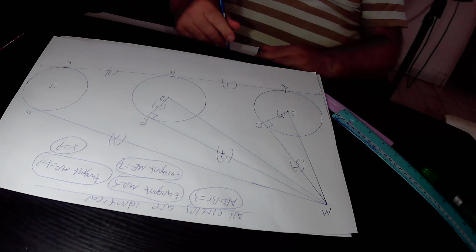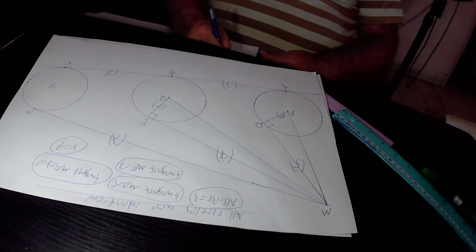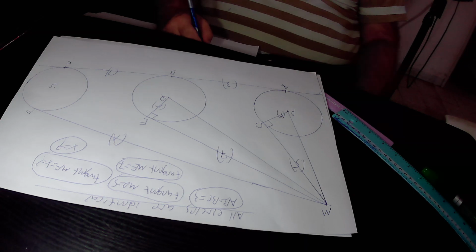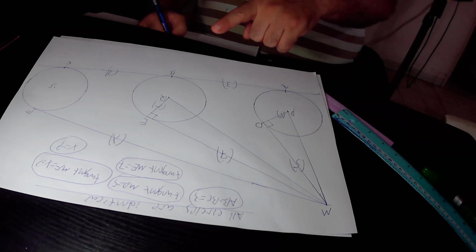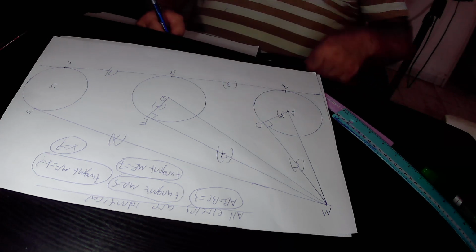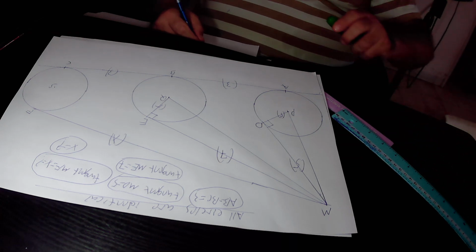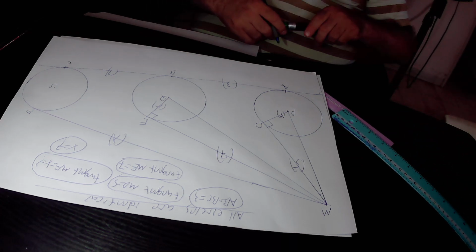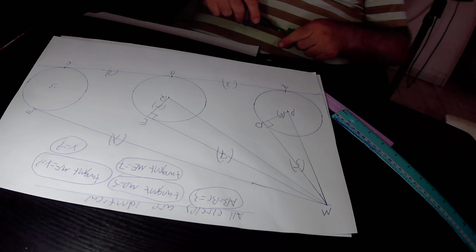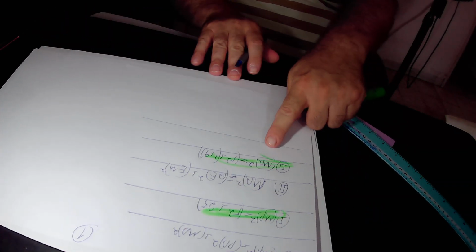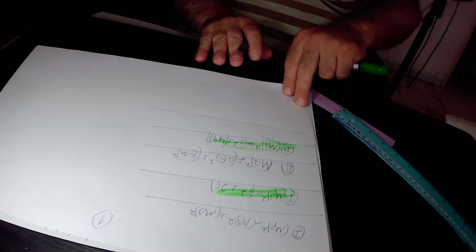MQ is the missing side, so we leave it as it is, so it is MQ squared equals QE squared. QE is R, therefore QE squared is R squared, plus EM squared. EM is 7, therefore EM squared is 7 squared, that is 49. So in total, according to equation 2, we found that MQ squared equals R squared plus 49.